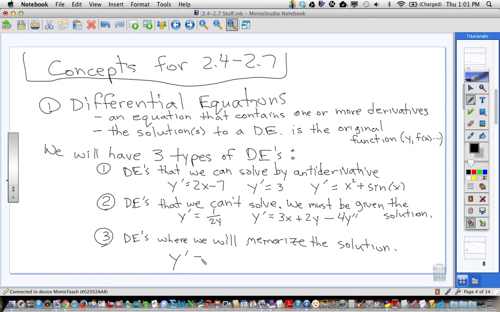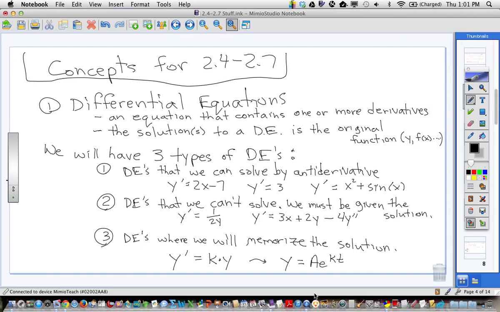If we have y prime equals k times y, a constant times y, the solution to that is y equals a e to the kt. That's e to the x, right? A e to the kt.